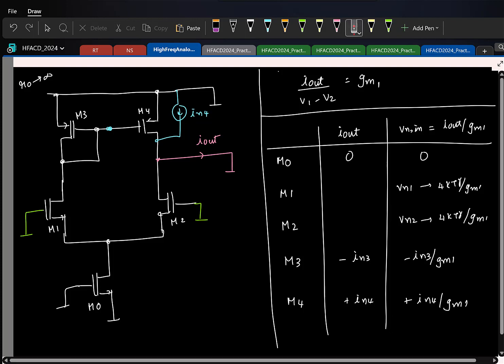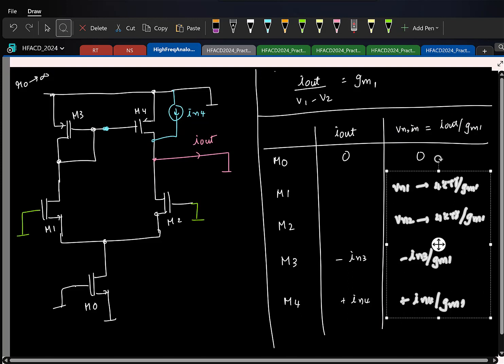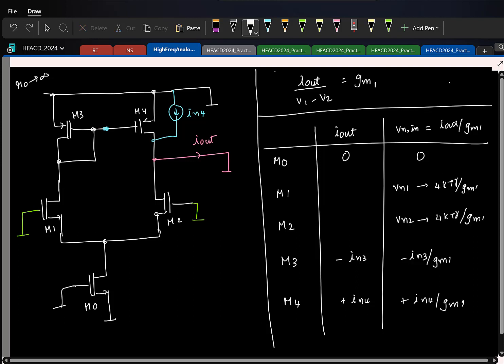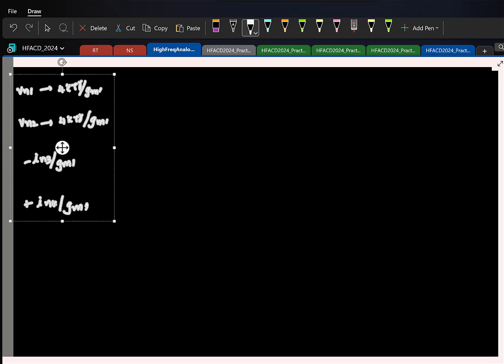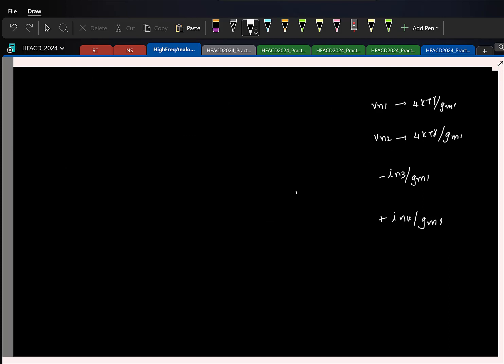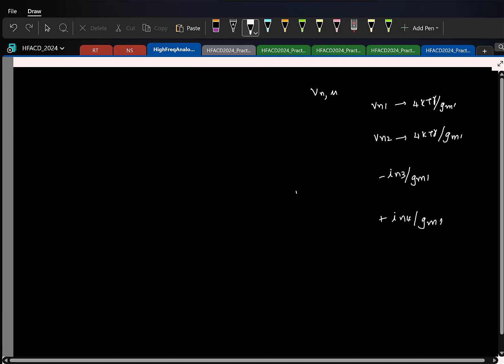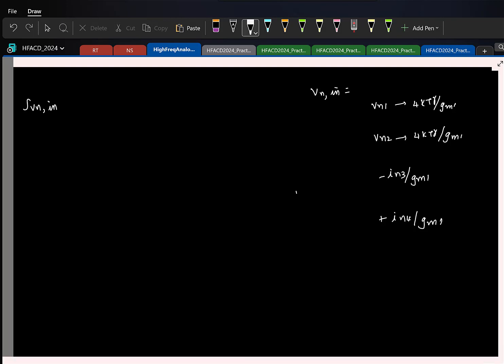So this is your total input referred noise voltage. You can write the power spectral density and wrap up. Let me copy this. So this is my VN in. If I write the power spectral density, due to VN1 and VN2, I'll have 8 kT gamma by GM1.